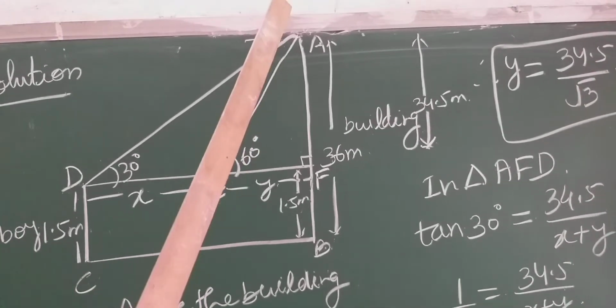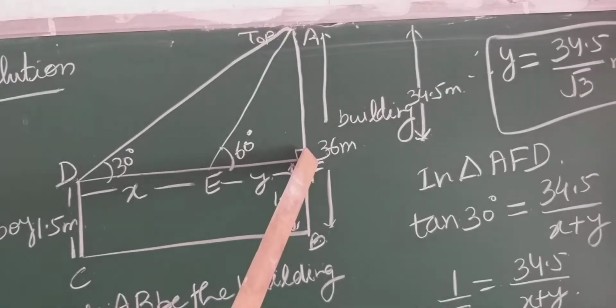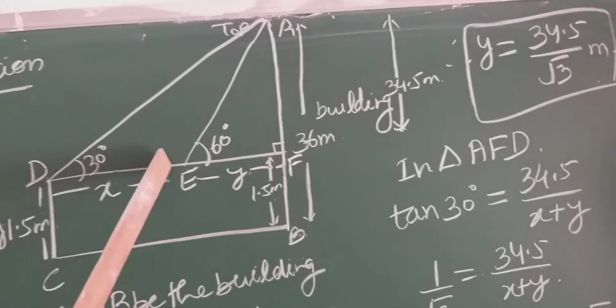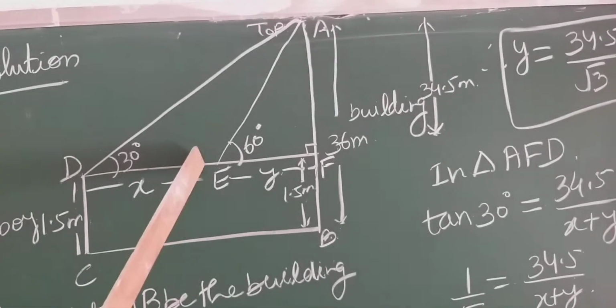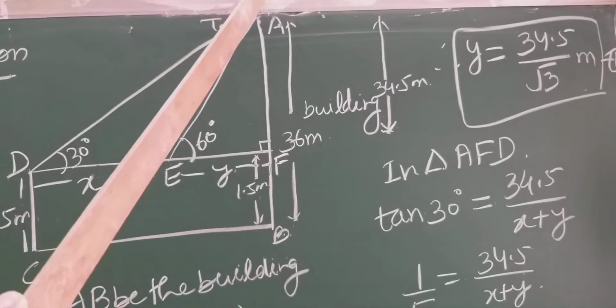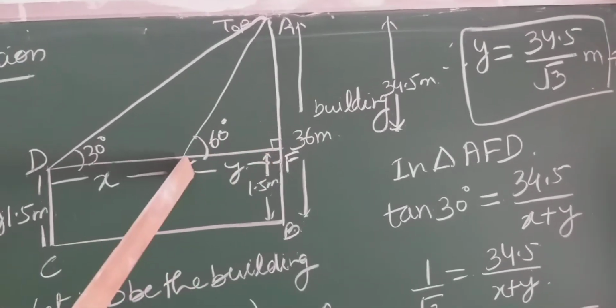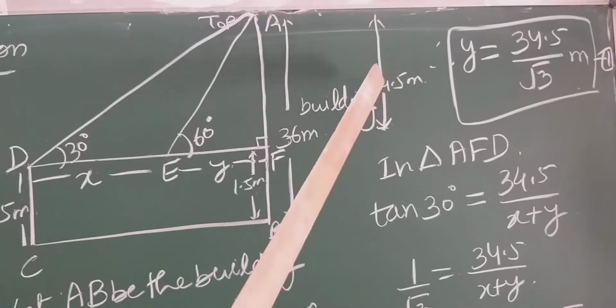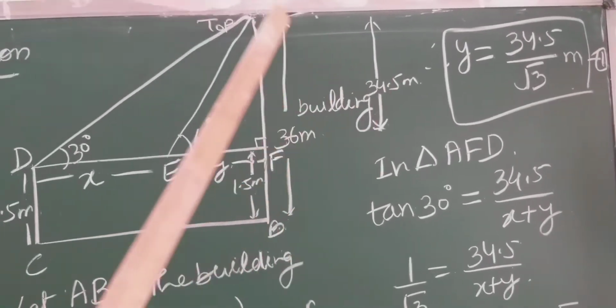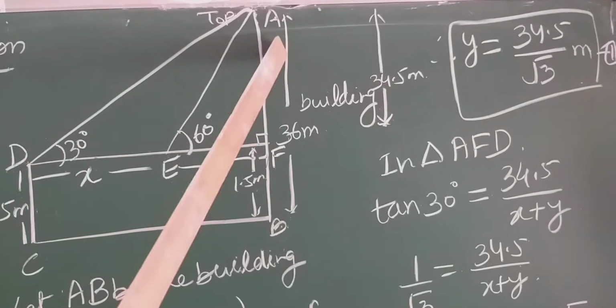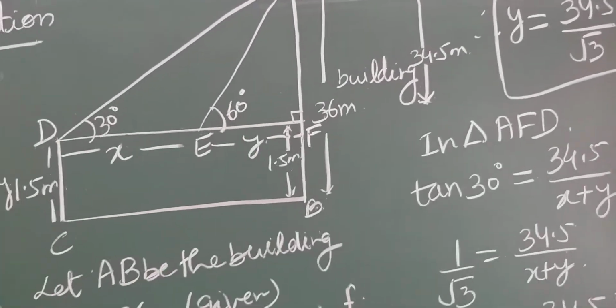So first of all, we are going to take triangle AFE. Always remember students, we have to take a right angle triangle. So in the first triangle AFE, we have to calculate Y, and AF is given to us 34.5 meter. So we are going to use tan theta equals perpendicular upon base.